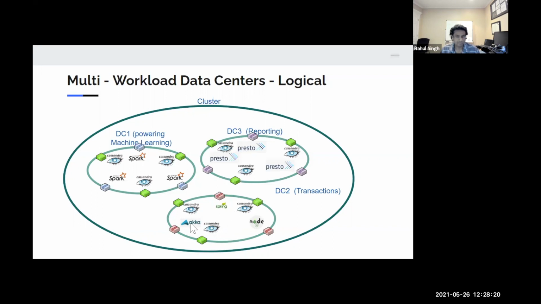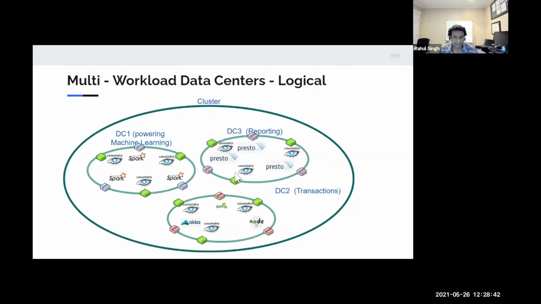But the operations with Akka and Spring and Node are only happening to this data center. And that does not impact the work that could be happening on a machine learning data center, right? Where we have Spark running. And it could also be separated from the Presto workload, which is to do reads of this data and do its own work. Presto has its own processes that it runs on.